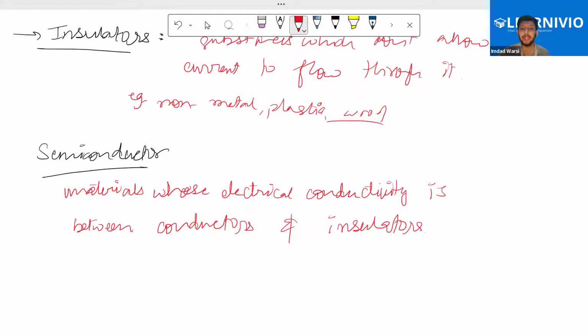Materials whose electrical conductivity is between conductors and insulators.